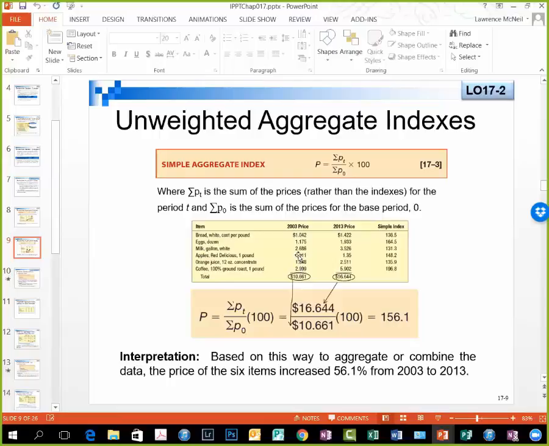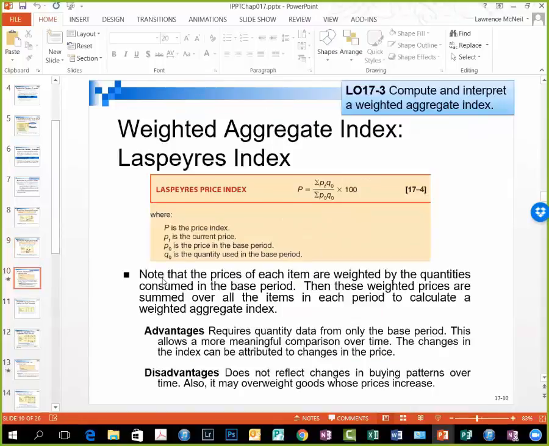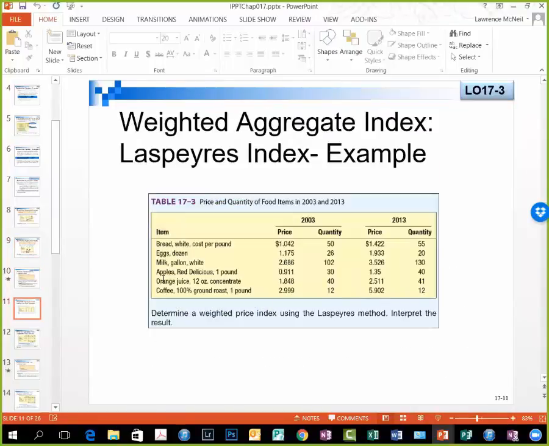Technically, you're taking 1.042 times 1/6, 1.7175 times 1/6, 2.686 times 1/6, because all of the weights must be equal in order, by definition, to get the average. So that's why we want to weight things almost always. I can't think of a time where not weighting is good.